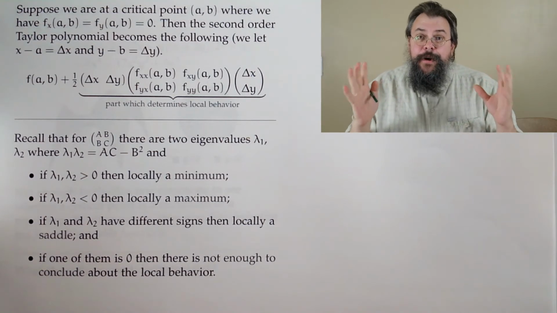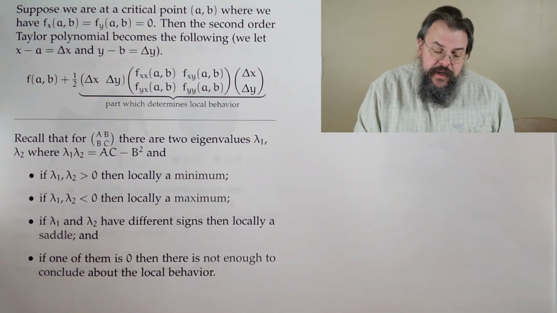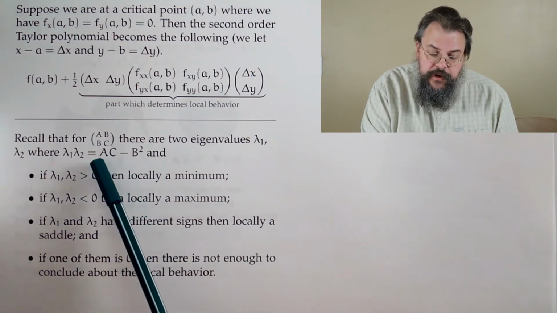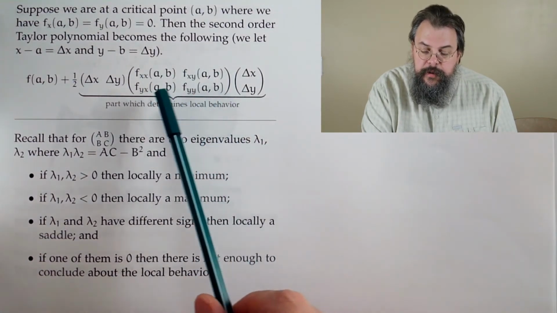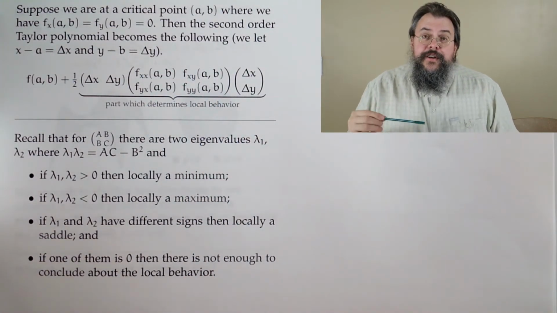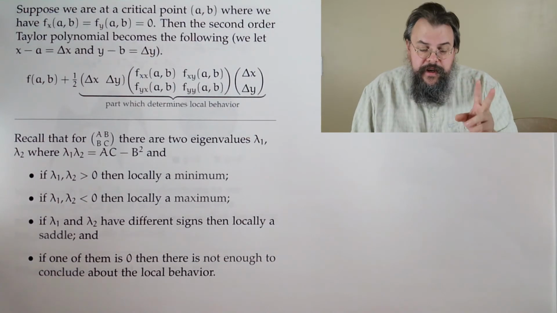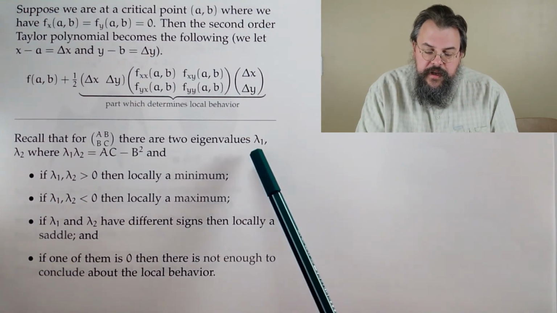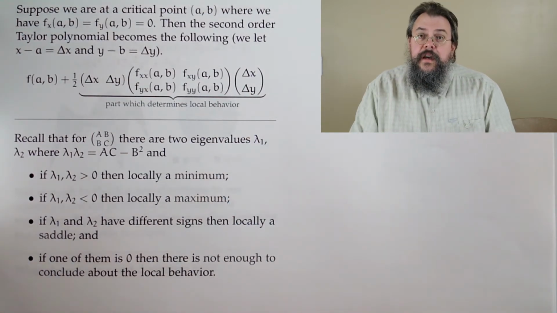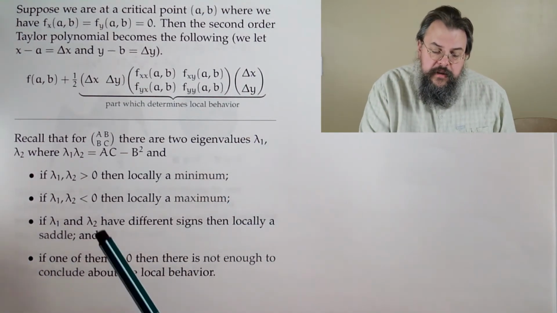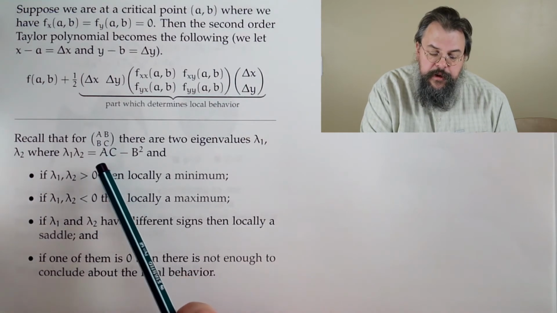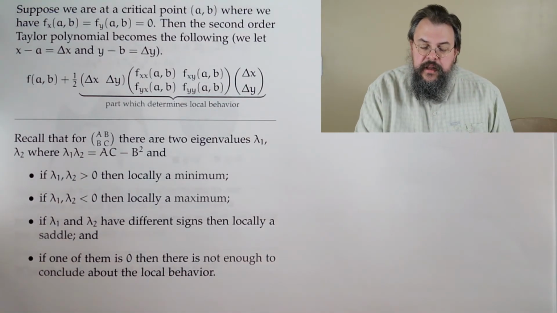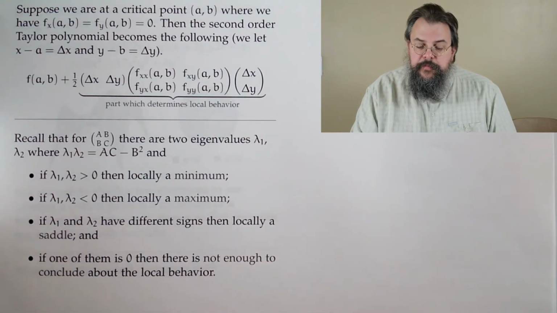Well, as a quick refresher, it turns out that if you have a nice little 2 by 2 matrix, there are two numbers called eigenvalues, and we use the symbol lambda, lambda 1, lambda 2, where if you take this quantity, a times c minus b times b, then that's the same as taking lambda 1 times lambda 2.